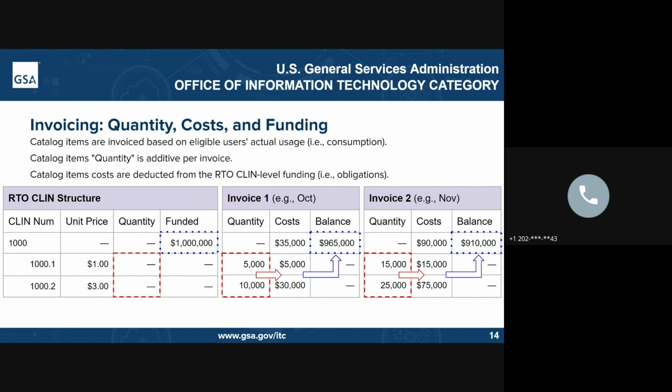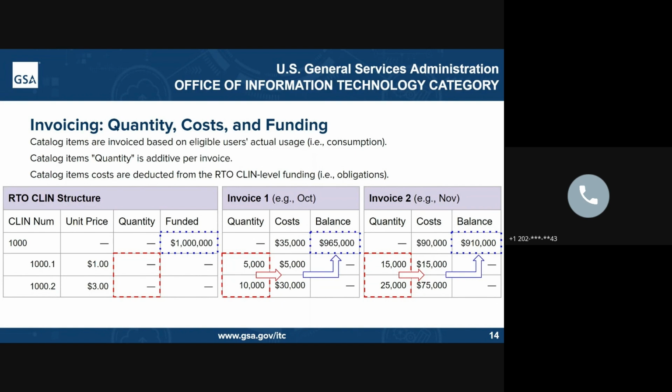Now, as you continue to consume or use cloud services, those quantities are additive, and that is represented in invoice 2. In invoice 2, you'll notice that CLIN 1000.1 has gone from a quantity of 5,000 to 15,000. And similarly for CLIN 1000.2, you've gone from a quantity of 10,000 to 25,000.